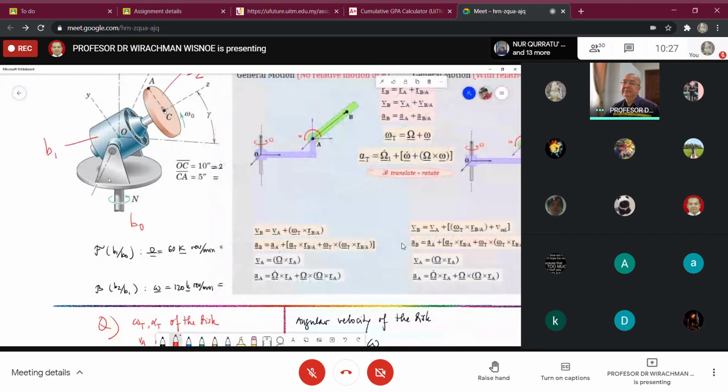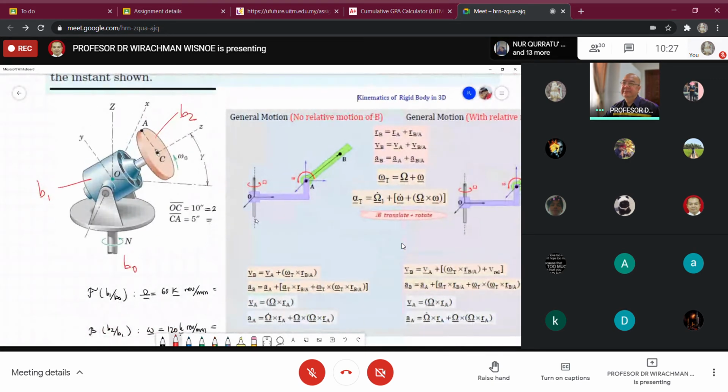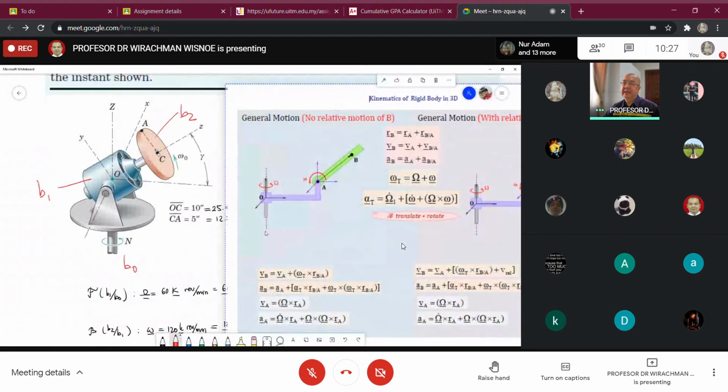Okay, so if we compare our problem to this, I can say that this problem can be represented by this. We have a platform that is rotating. We have a disk which is rotating. In this case, the rotation is about z.